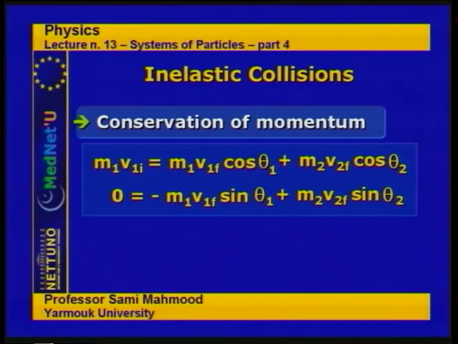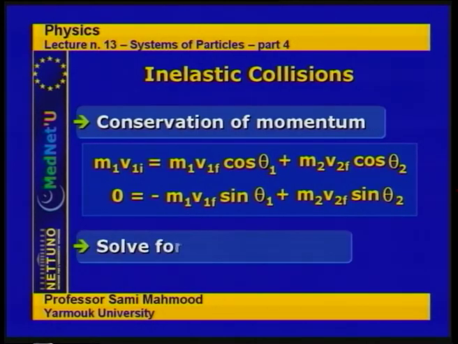Notice that the y component of the momentum of particle number 1 is downward, it's negative, and that of particle number 2 is upward, positive. If we have only two unknowns, we can solve these two equations and find these two unknowns.